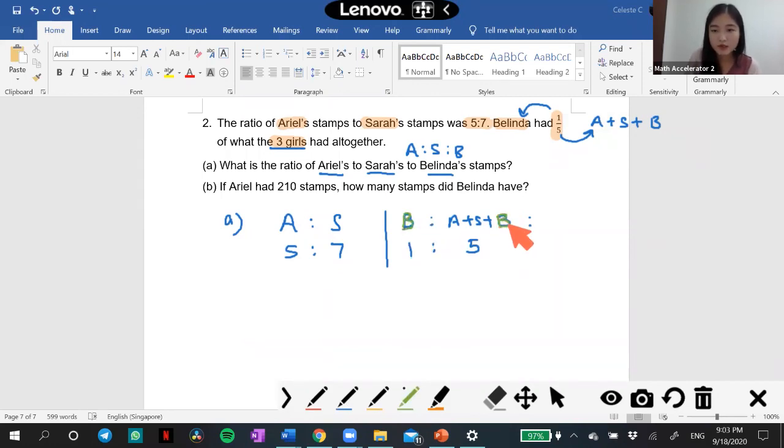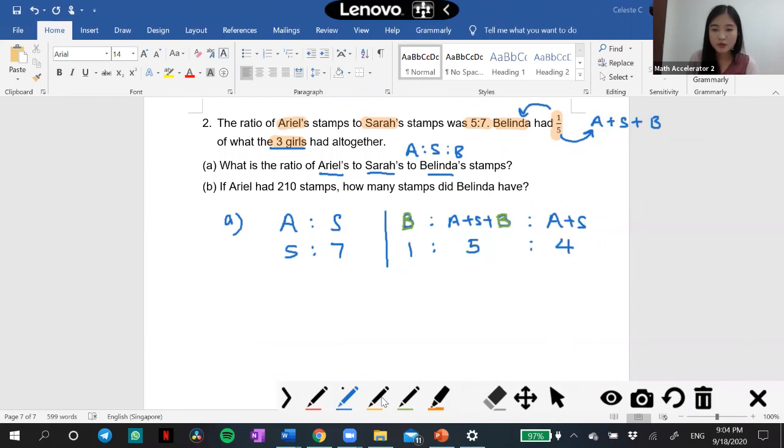I highlight it in green. So if I take out Belinda from here, A plus S has how many units? Anyone? Okay, thank you, Shanice. 4. Right, 5 minus Belinda, you take her out from this total, you have 4.